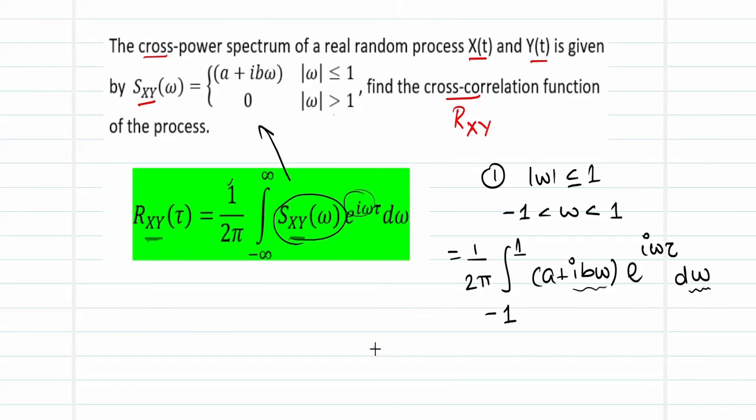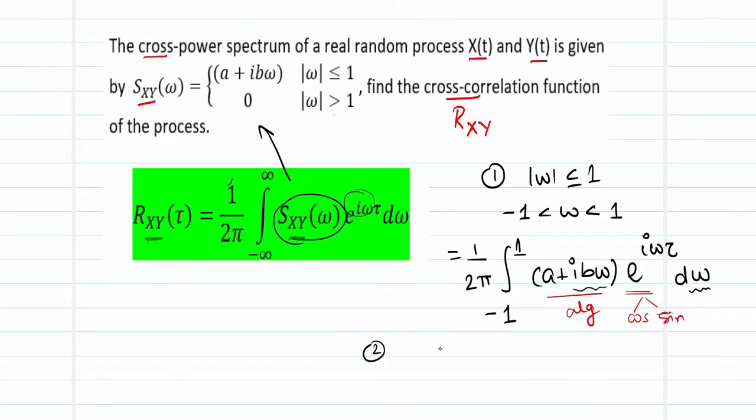What is going to be the second hint? Whenever the function is algebraic in nature, as here, because it is in terms of the variable omega, the best way to solve is to split this into trigonometric form containing a cos and a sine.